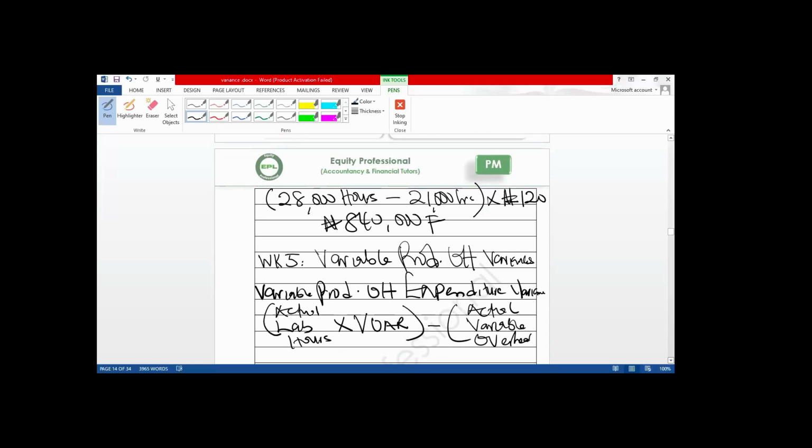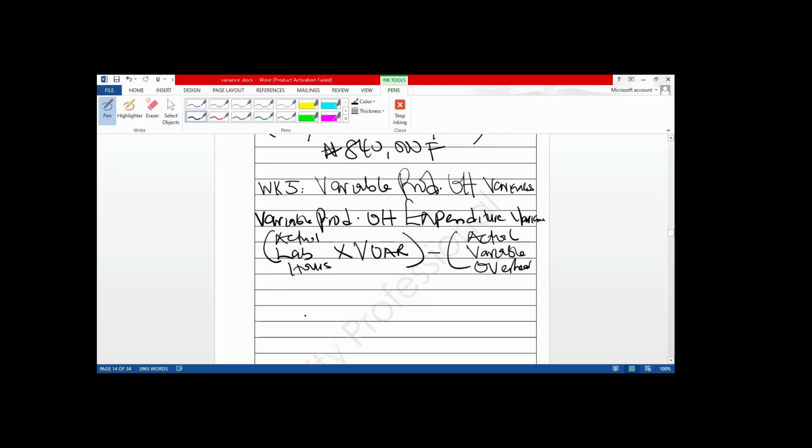We know our actual labor hours, 21,000 hours. Actual labor hours, we now need to absorb. Go and check your standard table. Variable overhead absorption rate is at a rate of 60 naira per hour. You multiply these two.